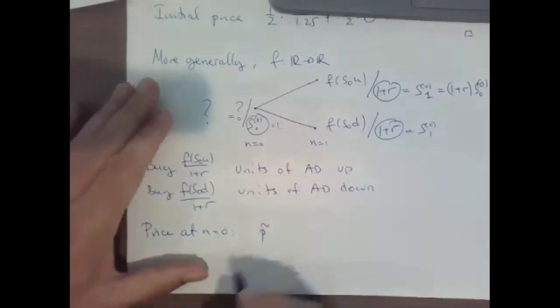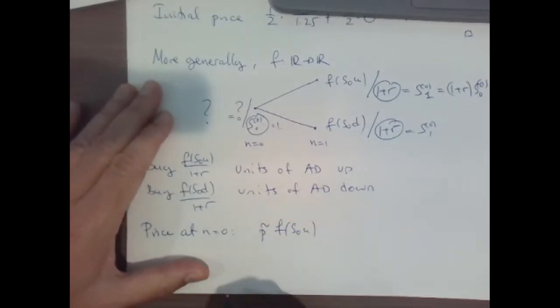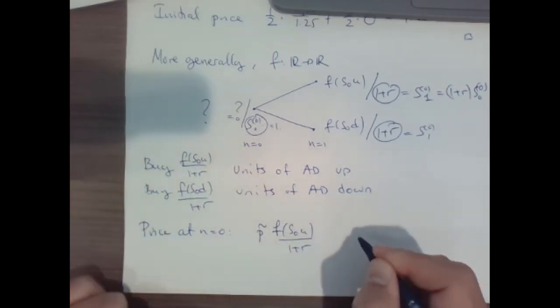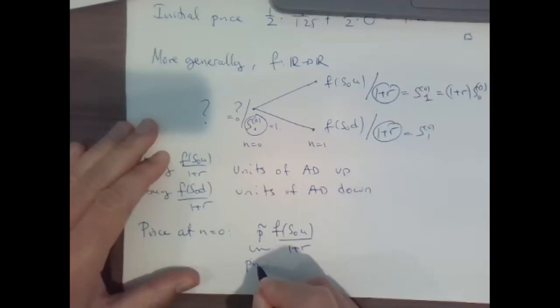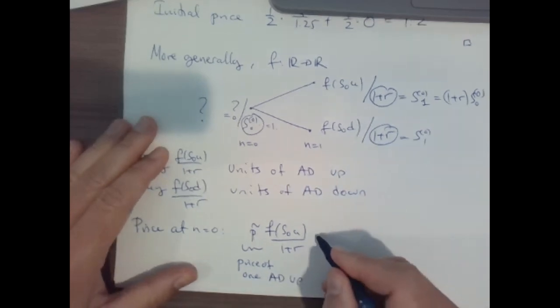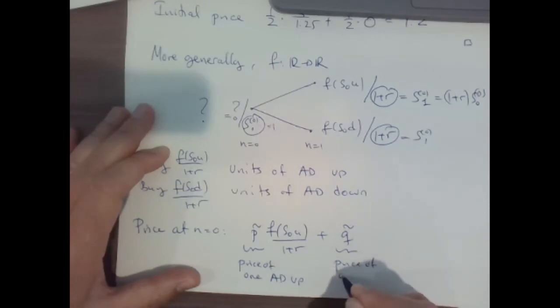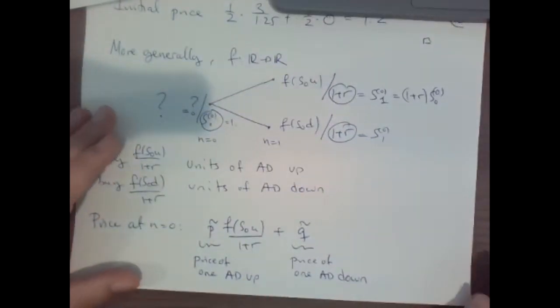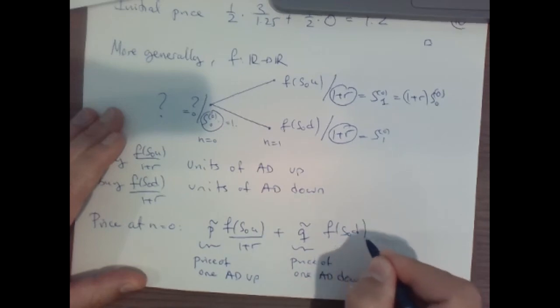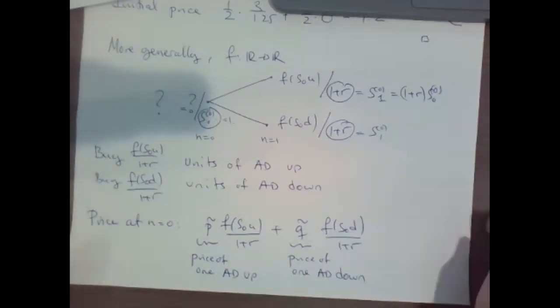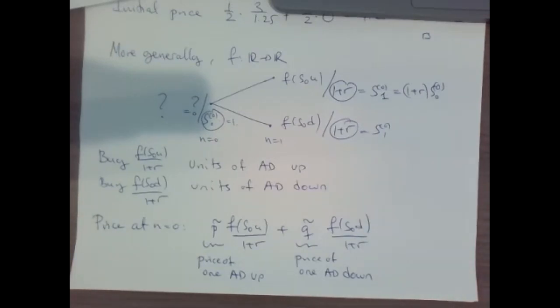This is P tilde times f of S0u divided by 1 plus R. And this is the price of ADR up, plus, and then we have Q tilde, which is the price of ADR down, times f of S0d divided by 1 plus R. This is the pricing formula for a general payoff.